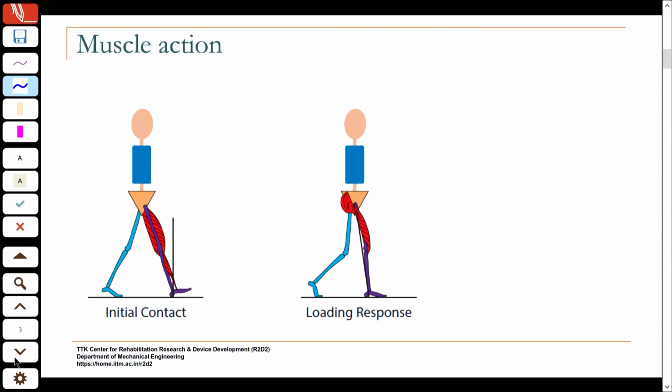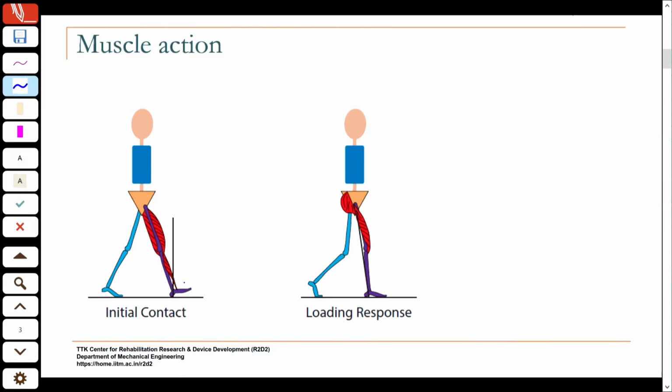When you have initial contact, you want to stabilize the knee, and the foot will be lowered to the ground. So, it is this interaction between the ground reaction force and the muscles that is producing this. The ground reaction force is basically what is produced because of the weight and the movement of the body.